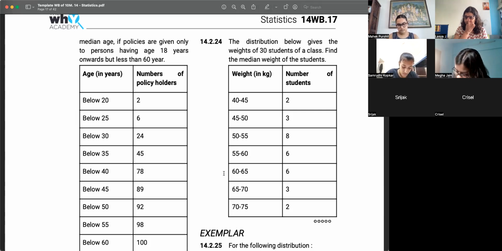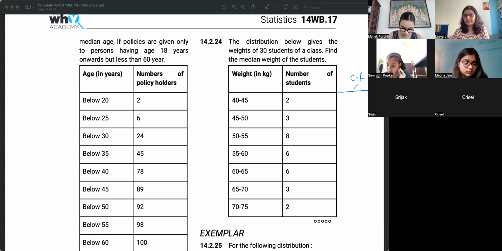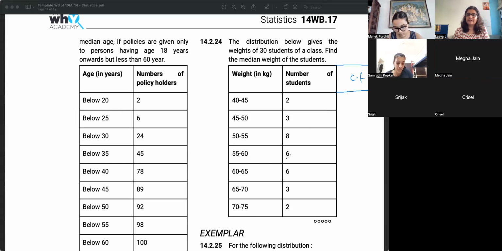And this time I want answers from everybody. Still didn't make the cumulative frequency. Then once you have it, figure out the median class, then put the formula.